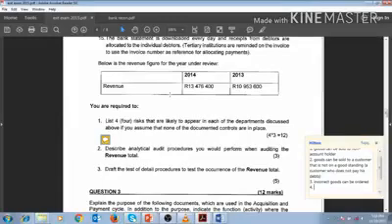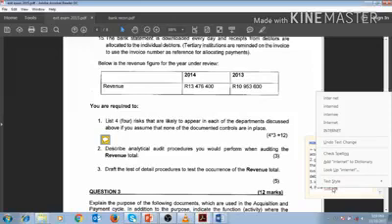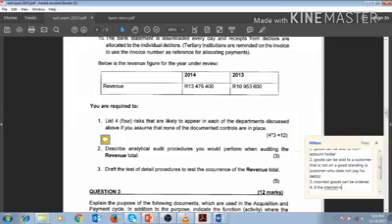So you can say if the internet is down, it will negatively affect the operation of the business.